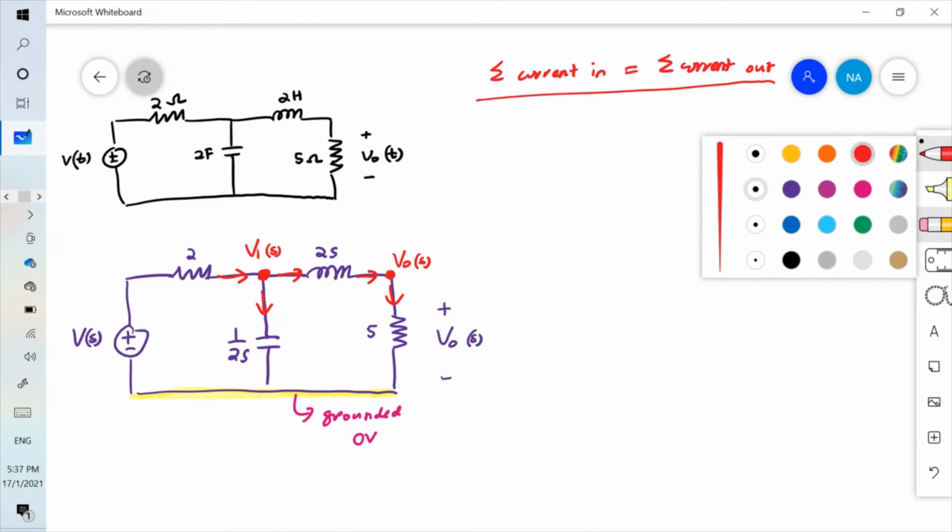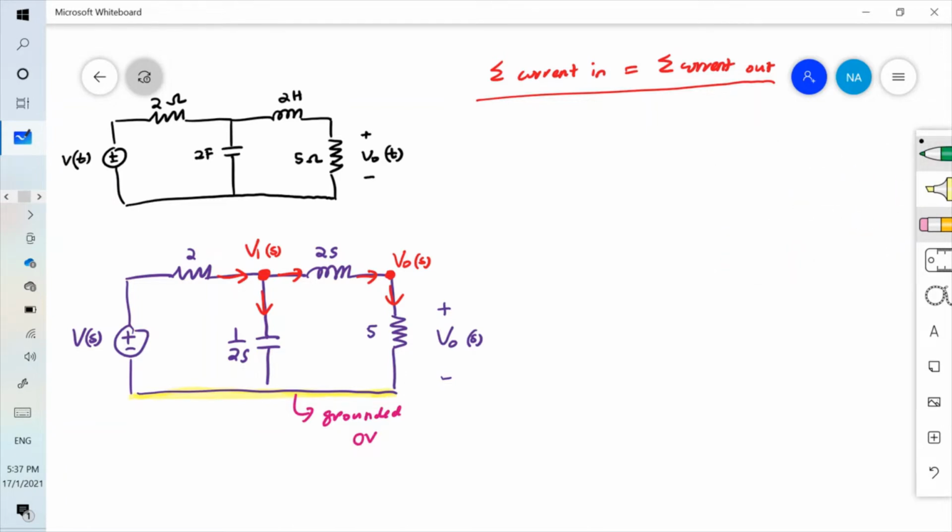Let's find the equation for node 1. For node 1, we have one current going in, which is V1S minus Vs divided by 2.